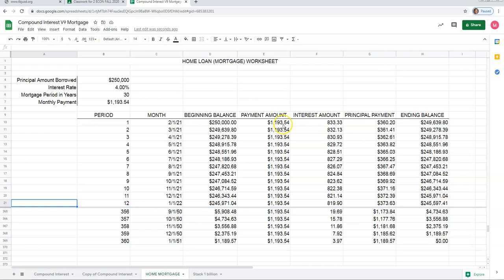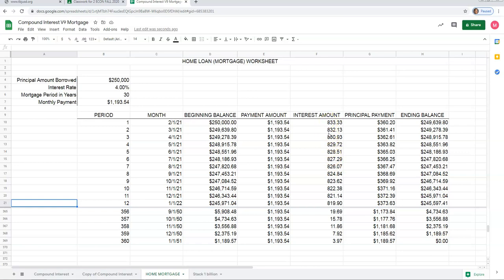It's not going towards paying off the loan. When you make your first payment, only $360 is going to actually pay off the loan. Even though you paid over $1,000, the loan only went down by $360. So this interest is just an expense, the price for using that money for 1 month.